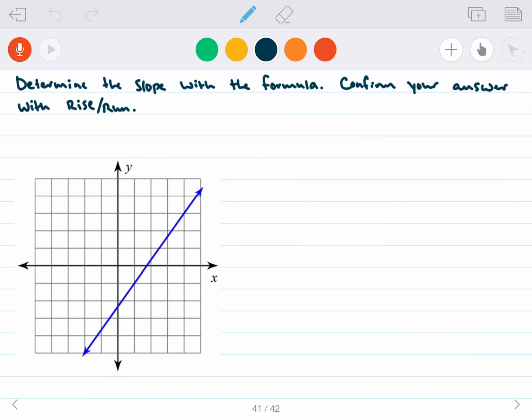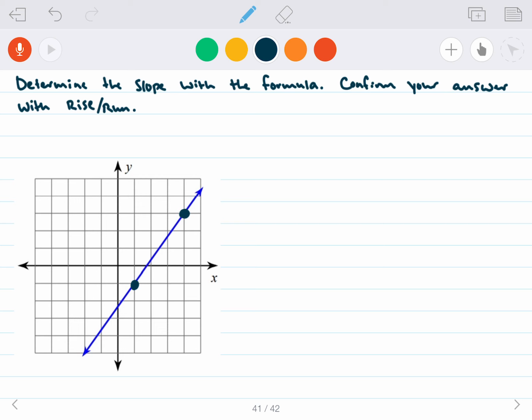Alright, so it says determine the slope with the formula. Confirm your answer with rise over run. So we need to pick out 2 points to use the formula. So how about this one, that's a corner point, and that one's a corner point. Okay, now we actually have to find the ordered pair for the numbers to actually use the formula.